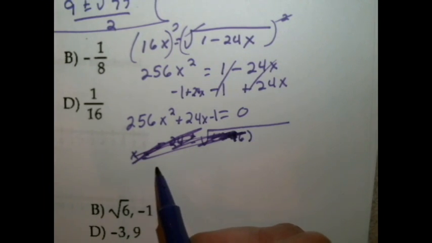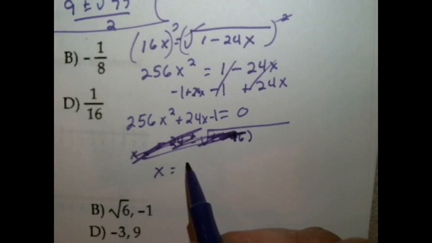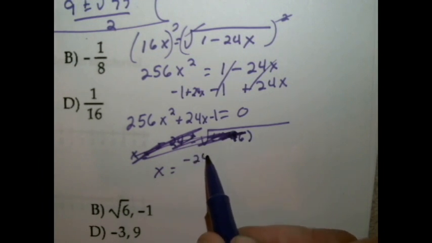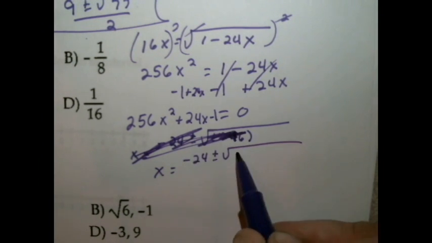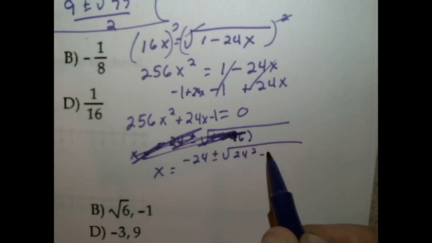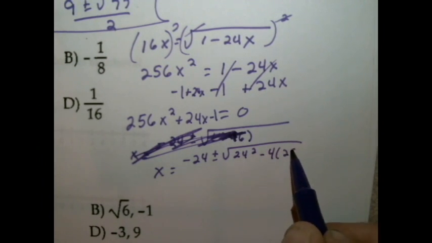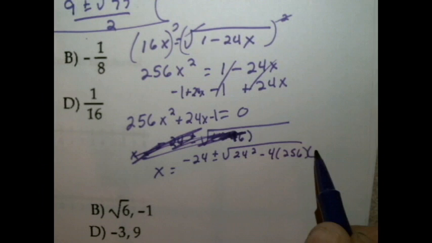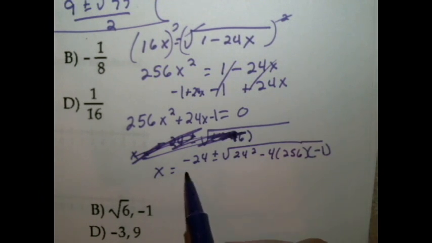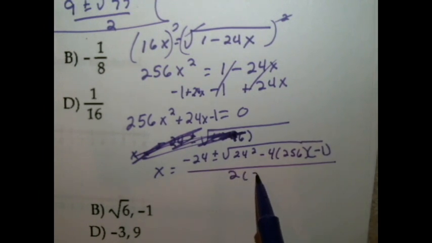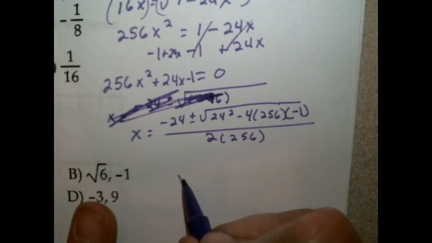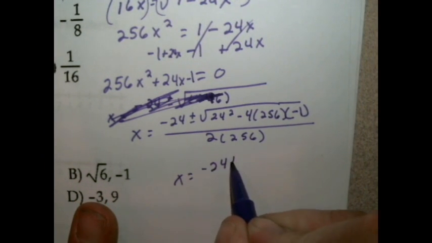I'll say x equals the opposite of b, which is negative 24, plus or minus the square root of 24 squared minus 4 times a, which is 256, times c, which is negative 1, all over 2 times a, which is 256. Okay, so x equals negative 24 plus or minus.